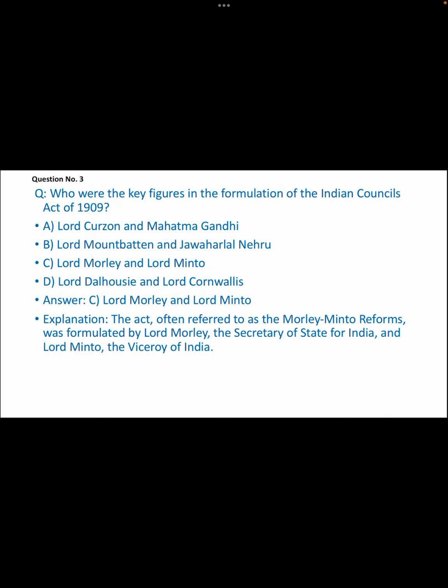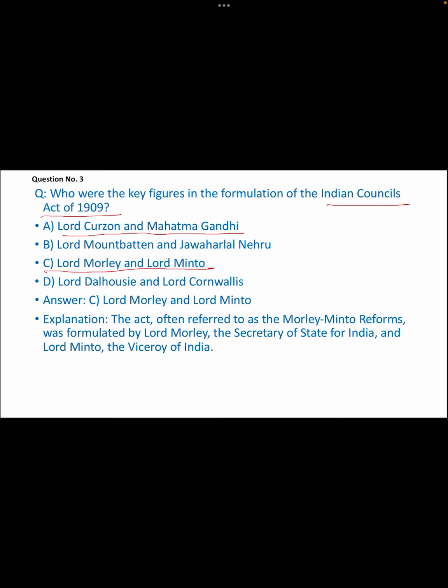The act expanded the size of the Imperial Legislative Council, allowing for more representation. The third question is, who were key figures in the formulation of the Indian Councils Act of 1909? A. Lord Curzon and Mahatma Gandhi. B. Lord Mountbatten and Jawaharlal Nehru.